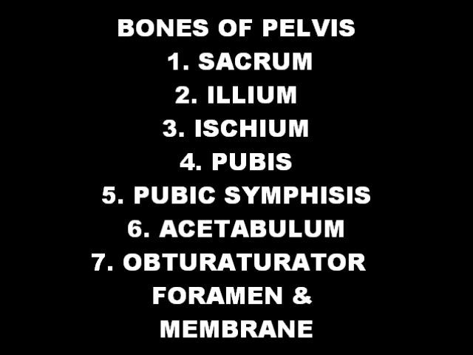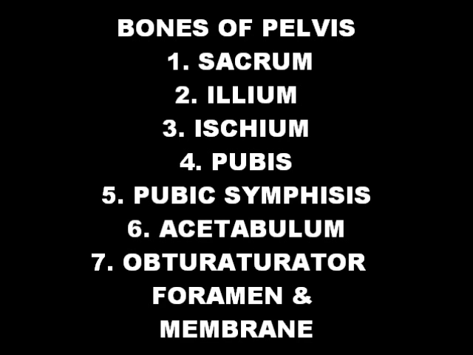Okay, now we're going to talk about the bones of the pelvis more in detail. The sacrum, ilium, ischium, number three. Number four is going to be the ramus. Number five on the diagram is the pubic symphysis.